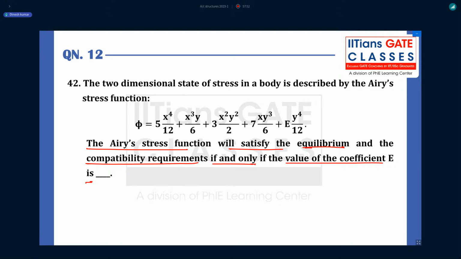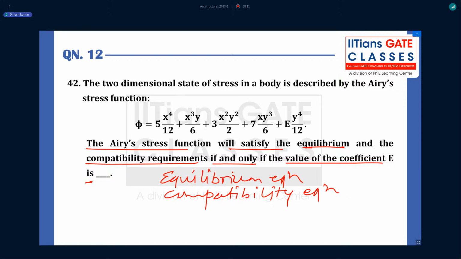So we know the Airy stress function satisfies the equilibrium equation and compatibility equation if it satisfies the biharmonic equation, which is del power 4 phi equal to 0. If this is the case, then by default it satisfies the equilibrium and compatibility equations. Now what is this equation, guys?